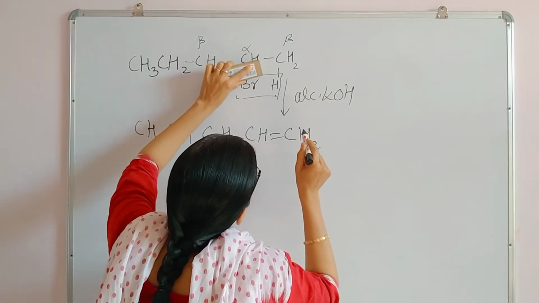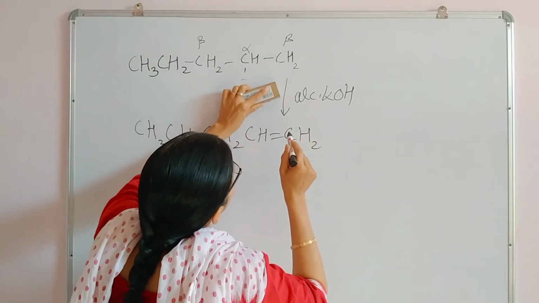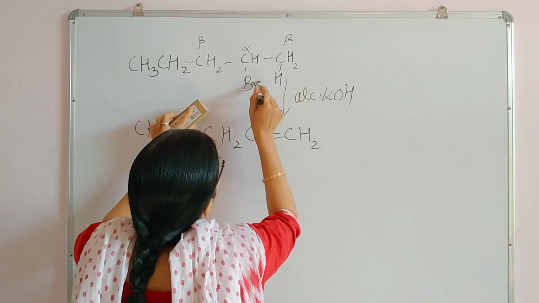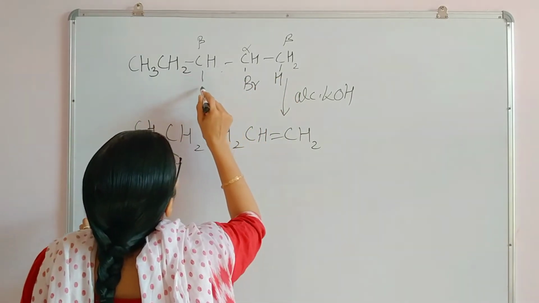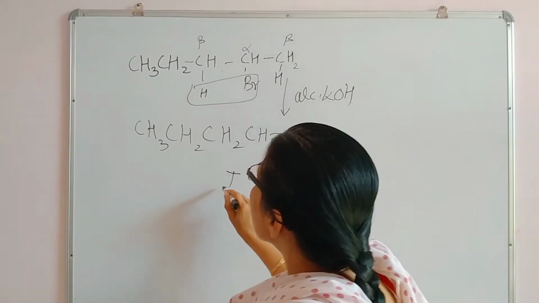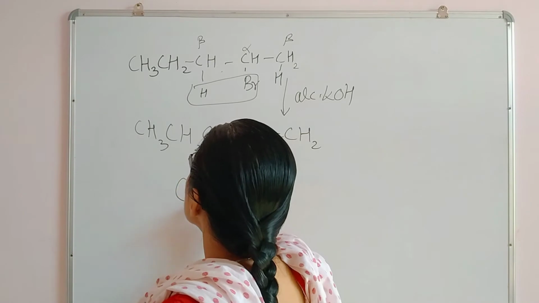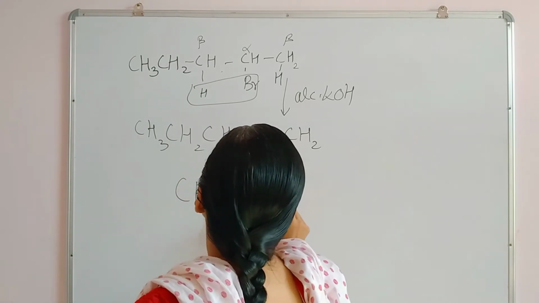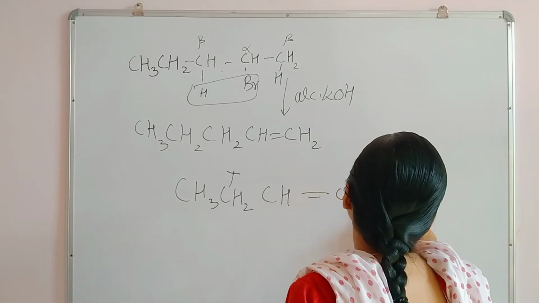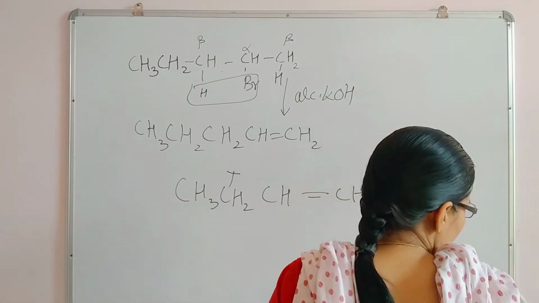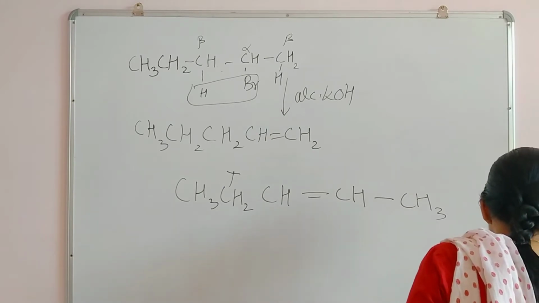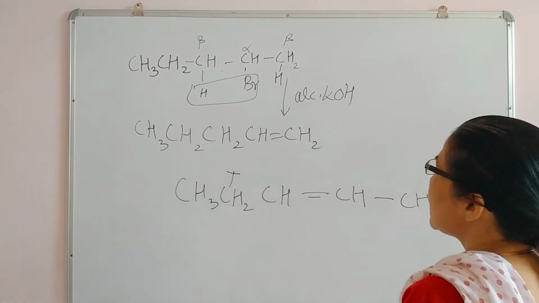Now, instead of this hydrogen, if this hydrogen is removed, then the compound will be CH3, CH2, CH double bond CH single bond CH3. Now here, which one is more stable?